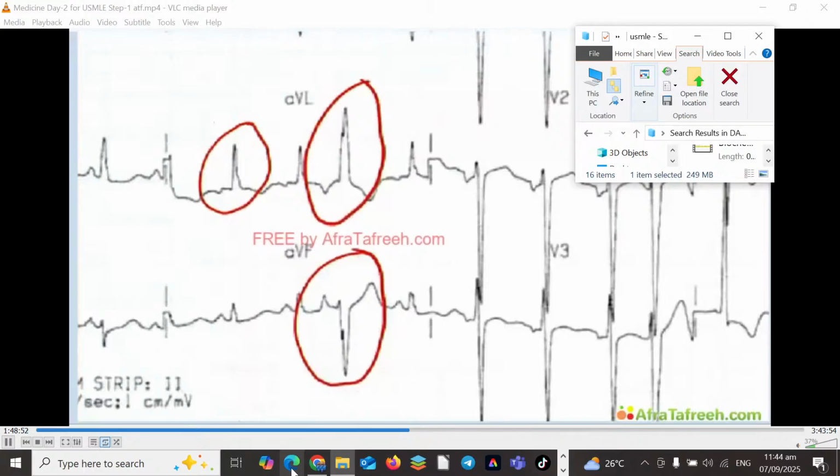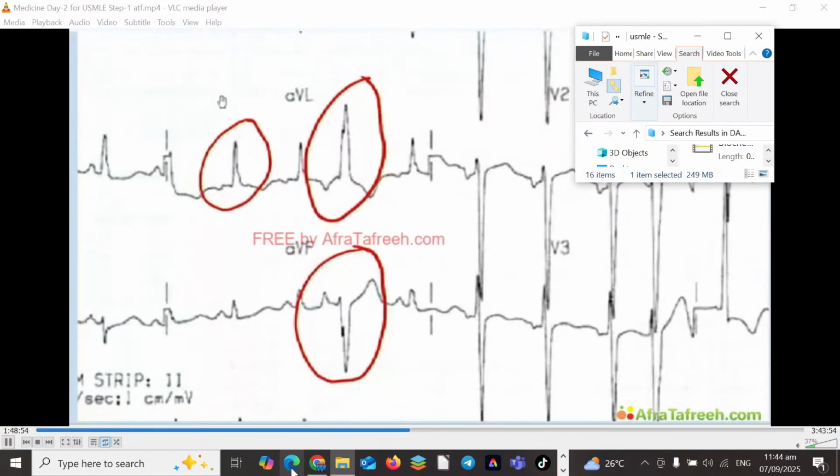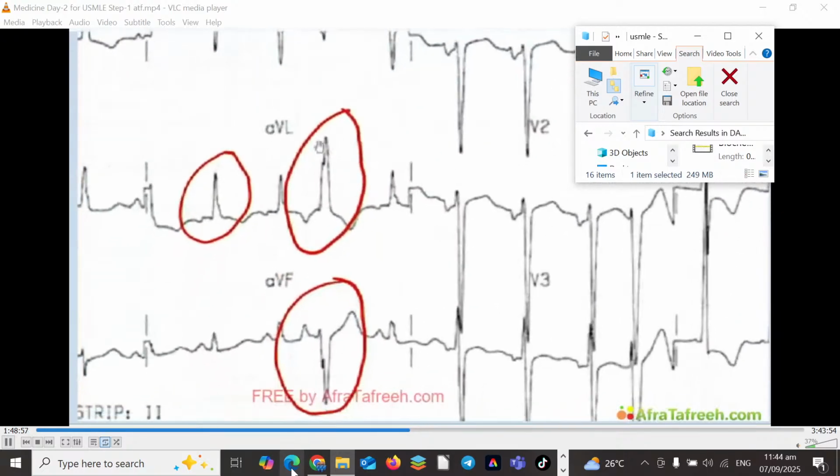This is a normal beat and this is the ventricular premature contraction. When the ventricle throws out an impulse, this is how it will look. It would be disorganized and wide complex. Is it clear?